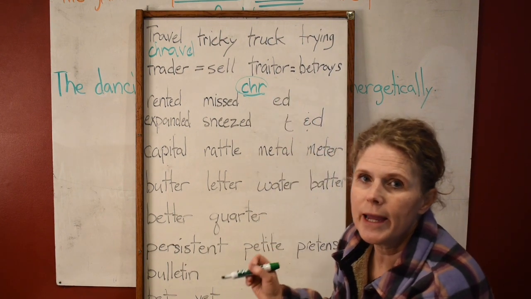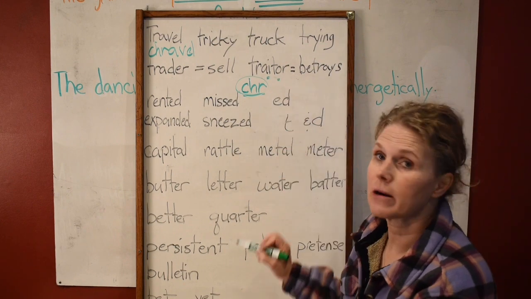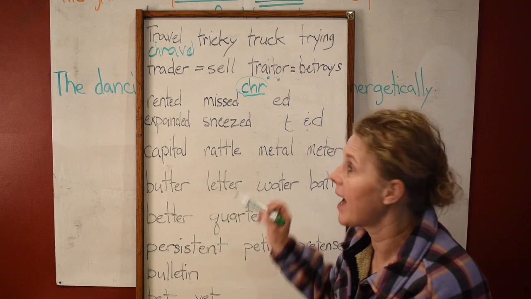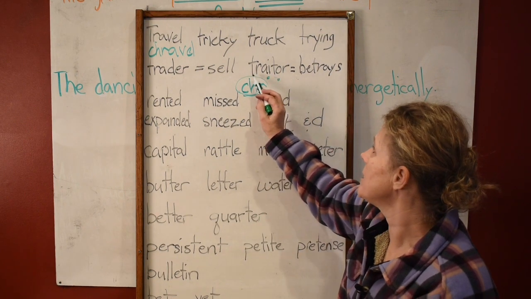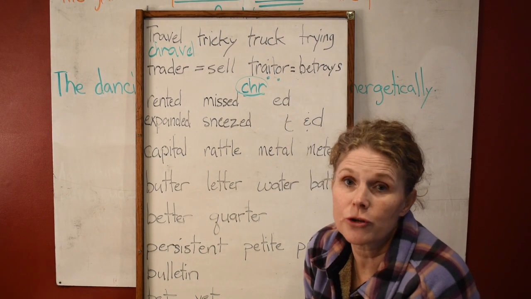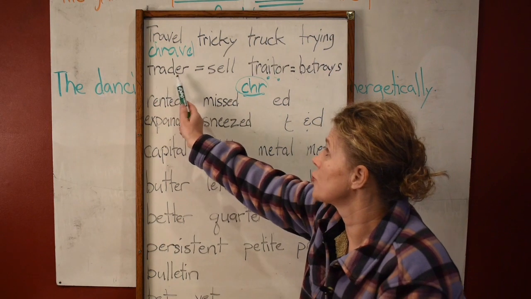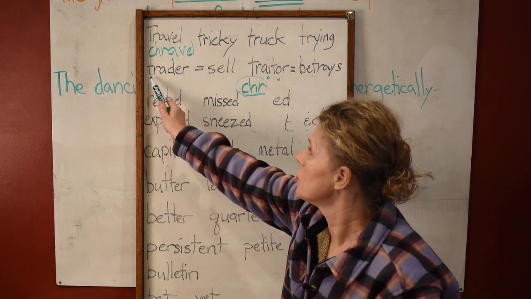And the reason why it turns to the D sound is because you have a vowel here and a vowel here. And if you say it really fast, this will say D. But it's really traitor. So when you say it slower, it should be traitor. And this is trader. So that's how you pronounce it.